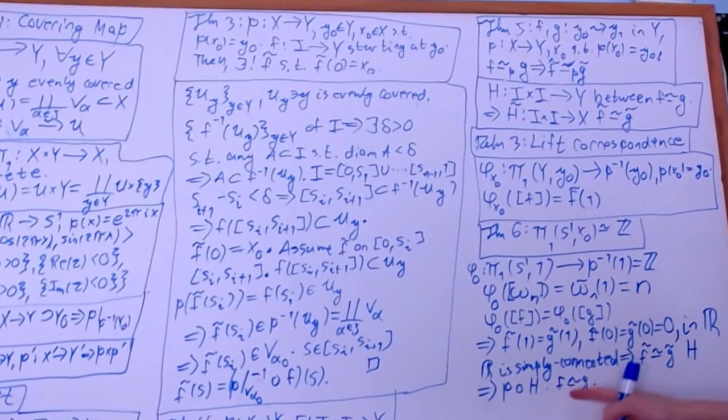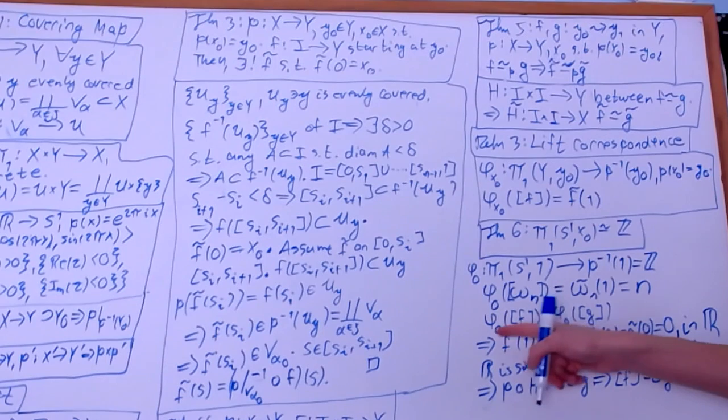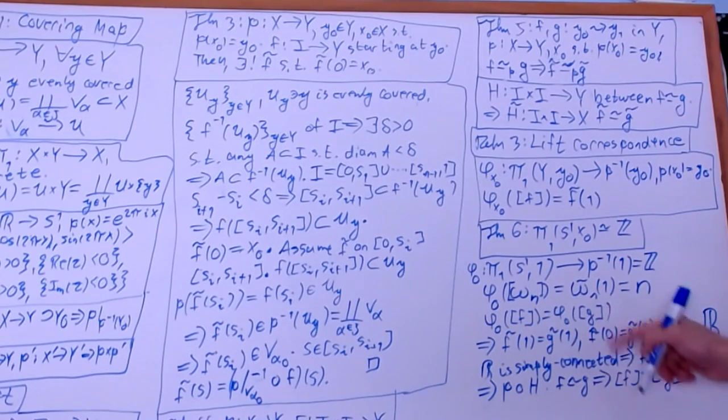And so we get that F is homotopic to G, which means that their equivalence classes are equal to each other. And so we get that if phi of F is equal to phi of G, then F is equal to G. Nice. Now we know that it is surjective and injective.